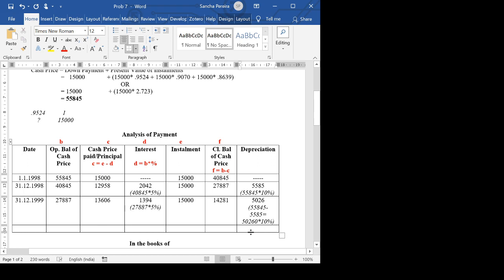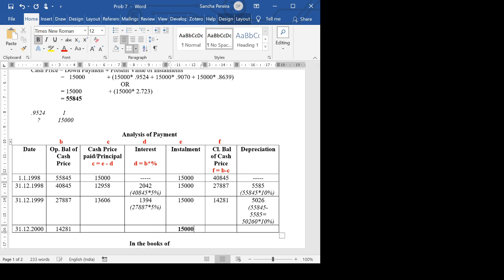Next year, how are we going to calculate? Whatever balance remains, we'll see in the last year. So we come down to the last year, 31st December 2000. Bring down the balance 14,281. Our installment is 15,000.